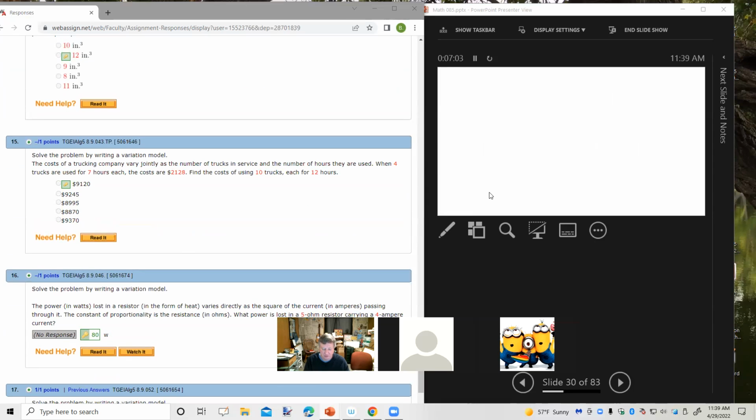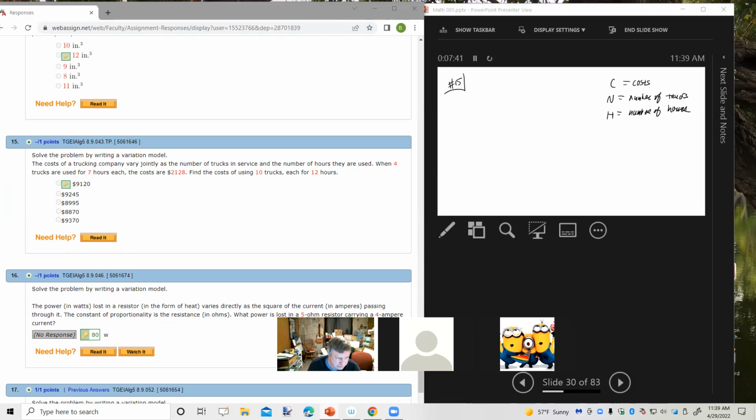Okay, here we go. Solve the problem by writing a variation model. The cost of a trucking company varies jointly as the number of trucks in service and the number of hours they are used. All right, so C equals cost, N equals number of trucks, and H equals number of hours.